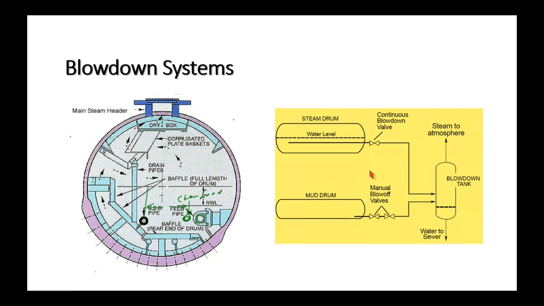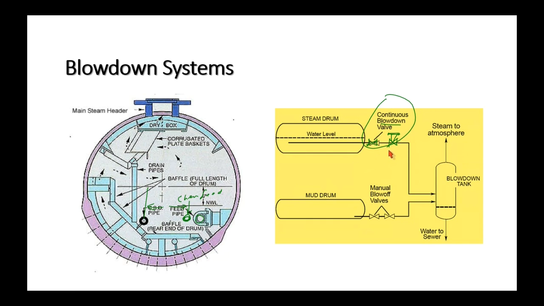So if you take a look at the basic system, we've got a continuous blowdown. That would be our isolation valve, followed by some sort of a metering valve, like a needle valve, with a special set of graduations on it, so we can actually see what its opening is and we can adjust it.